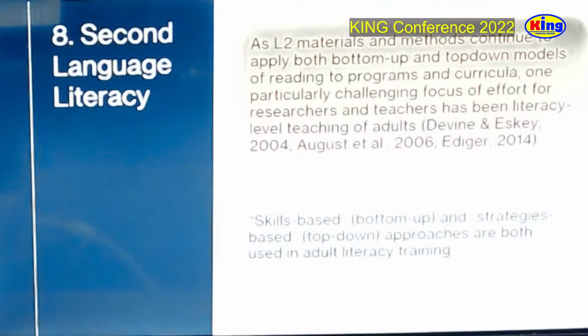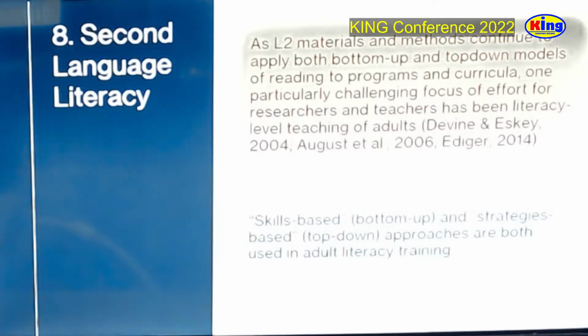Okay, on to the eighth one, second language literacy. As second language models and methods continue to apply both bottom-up and top-down models of reading to programs and curricula, one particularly challenging focus of effort for researchers and teachers has been literacy-level teaching of adults, by Devine and Eskey, 2004.